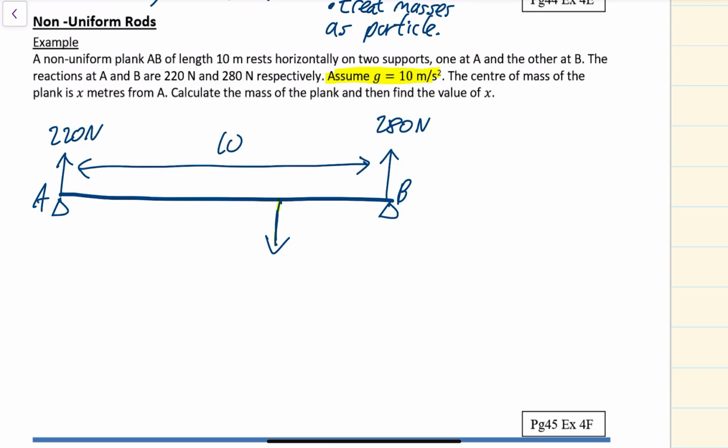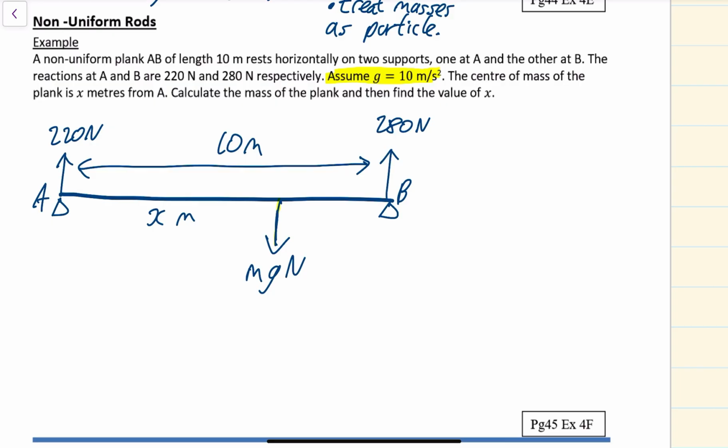Okay, so that's 10 meters, and that's X meters. That's all we need, and our weight is mg newtons. Do we have to calculate the mass of the plank? Yep, and the value of X.